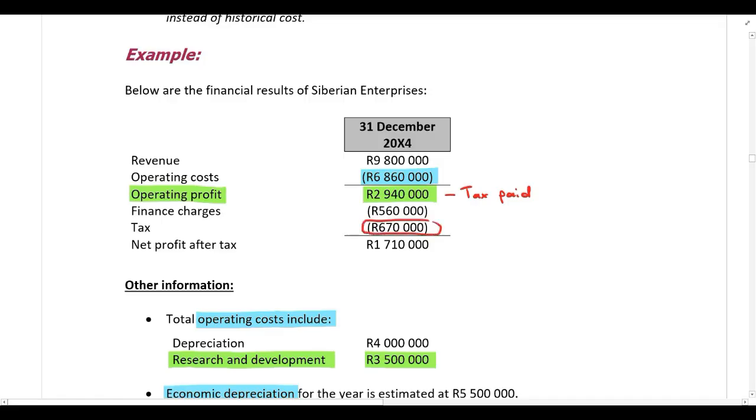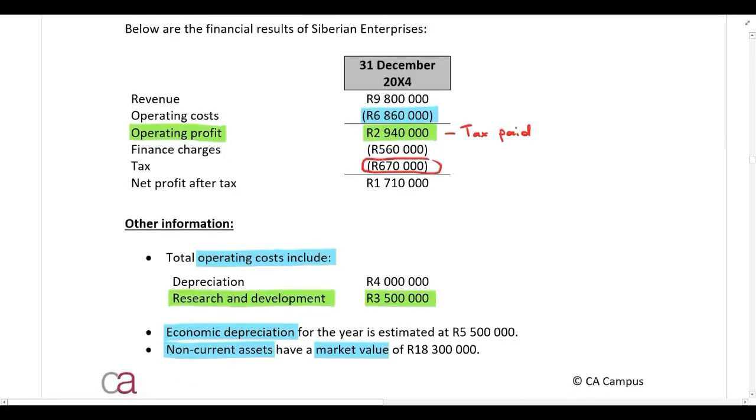It's not the tax that is paid during the period. However, in this example, I don't have any opening or closing balances in terms of money that I owe SARS. I don't have any deferred tax. So it's safe to assume that that is a cash flow. But what you do need to take into account is if we are working with operating profit over here, we are working with our profit before our finance costs. However, you know that finance costs are tax deductible.